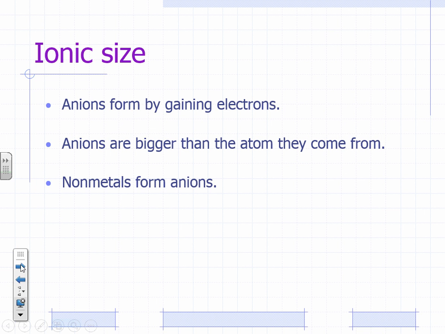And moving on to the next slide, anions, negatively charged, they form as a result of gaining electrons. Now if we look at fluorine as an example, it's element number 9. It has a configuration of 2.7, which we should write as 1s2, 2s2, 2p5. This element gains an electron.